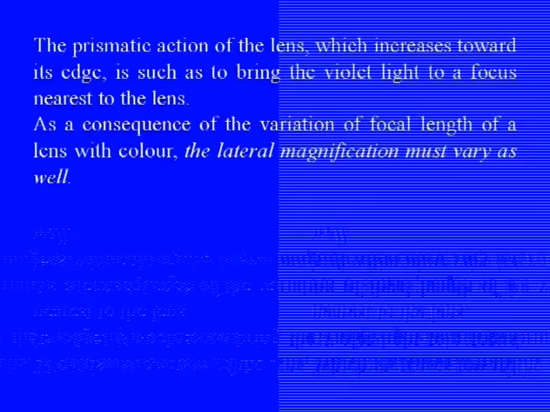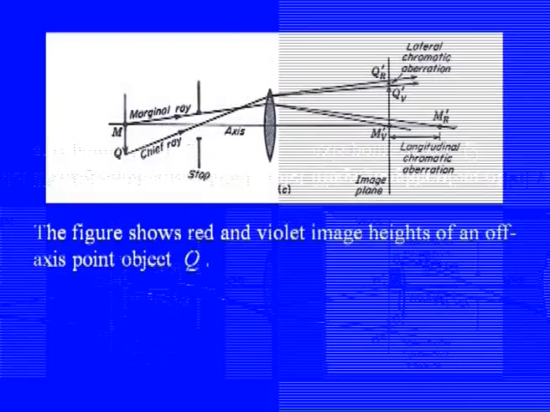As a consequence of the variation of the focal length of a lens with color, the lateral magnification must vary as well. So, that is an additional aberration coming up. Let us see this situation here. The figure shows red and violet image heights of an off-axis point O. Consider the point M, which is on the axis.